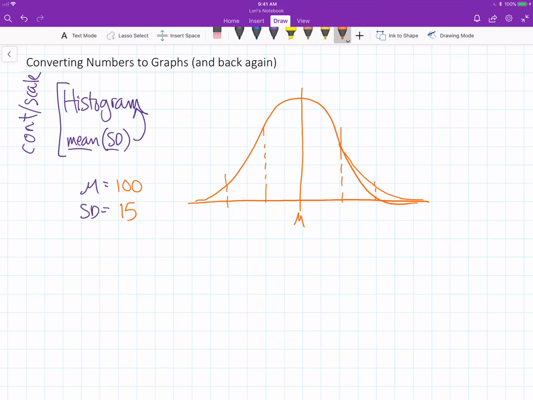a graph that shows approximately what percent of this particular sample or population, whatever this histogram is of, is in any given range. And the way this works is that the standard deviation measures something akin to the average distance from the mean.